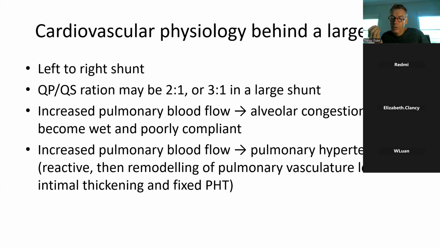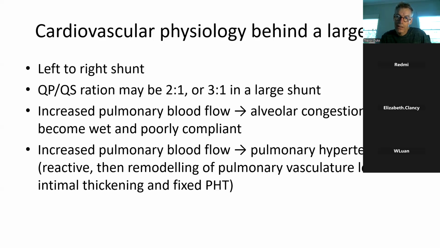That is, in response to the high pulmonary blood flow, you get pulmonary vasoconstriction, so that puts the pulmonary vascular pressure and the PVR, pulmonary vascular resistance, up. After a while, you get remodeling of the pulmonary vasculature, intimal thickening, and that can lead to fixed pulmonary hypertension. Now, that's much less common, and it occurs in children that have much more advanced disease.